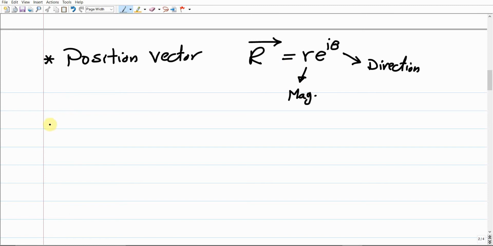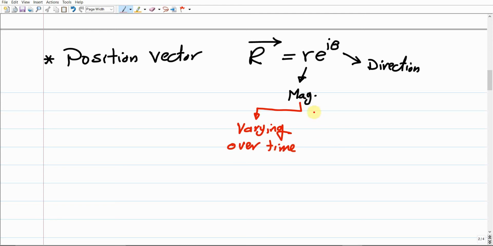Before we proceed, if we look at r, which is the magnitude of the position vector, it has 2 cases. It could be variable, or time variant, meaning that it depends on time, so it would be varying over time.